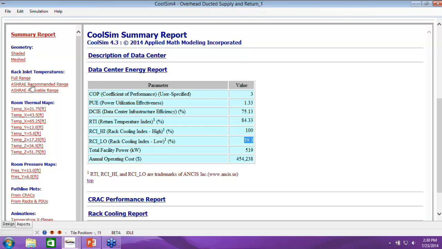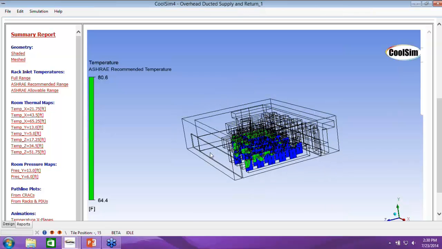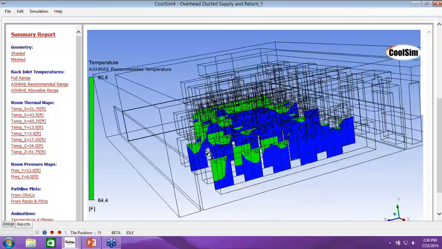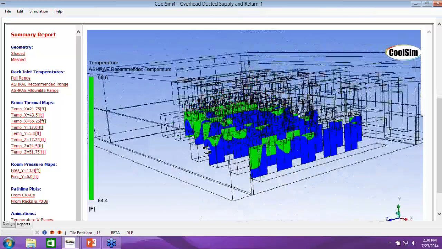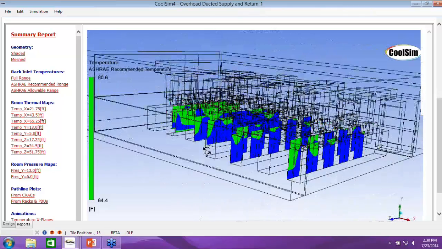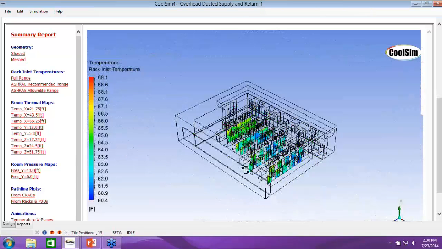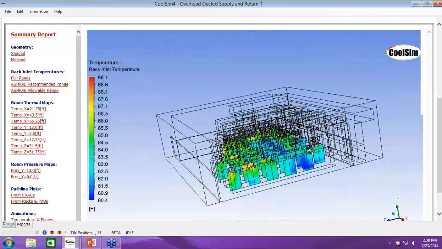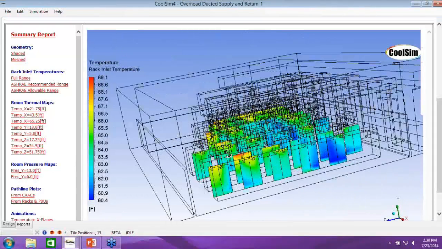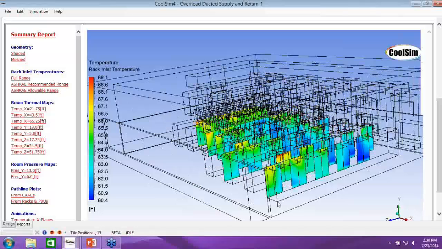This is the beauty of CFD, you get to look at it. And the one I always go for first is rack inlet temperatures. Now the way we look at rack inlet temperatures in CoolSim is a few different ways. One is, of course, we have the full range. Full range is when you take the amount of temperature as seen by the CFD calculation and you spread color out across it.